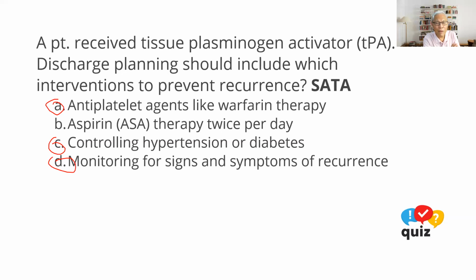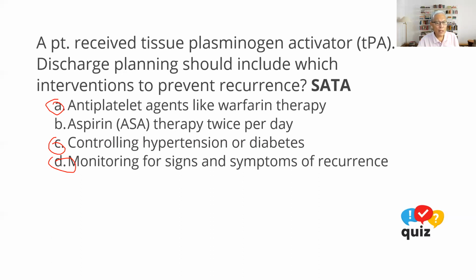And if you have had hypertension, we usually don't want to give aspirin because the patient might have an aneurysm, and therefore it might cause bleeding to occur. That's why we rather give antiplatelet agents rather than aspirin. Okay? Twice a day is too much.